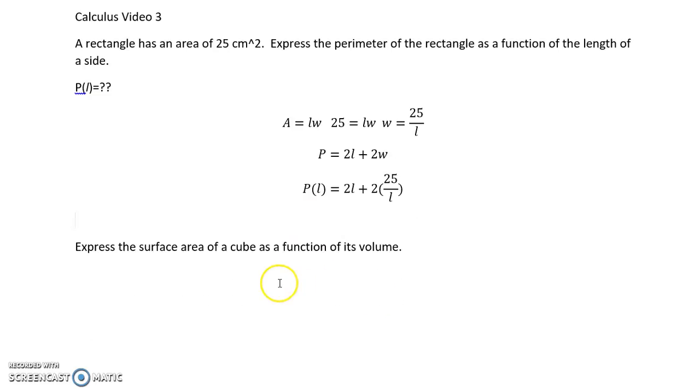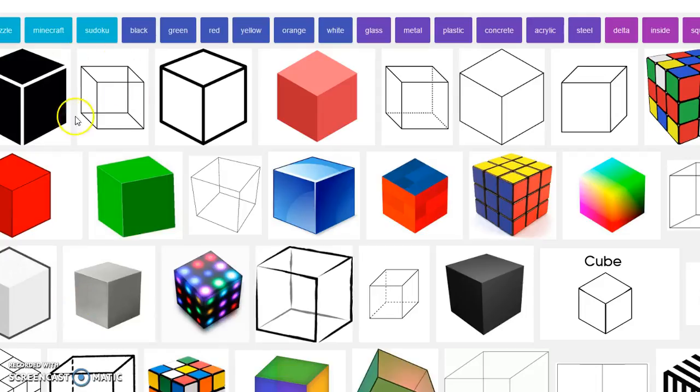The second one I have today is express the surface area of a cube as a function of its volume. Now, if you're trying to think of a picture of a cube, if I jump here to the internet, here's a cube, right? And it's 6 surfaces that are squares, all right? And I'm going to call this the length, this the length, this the length.